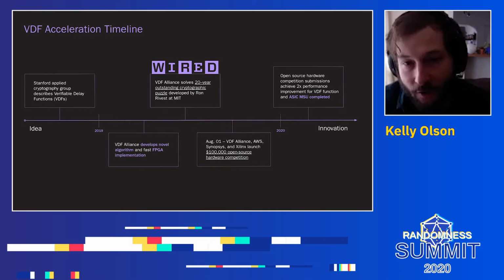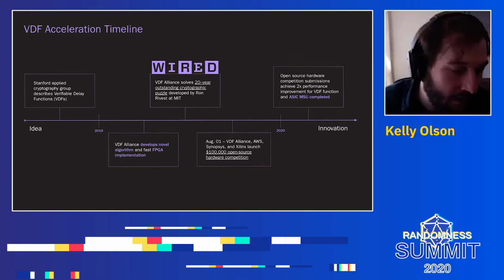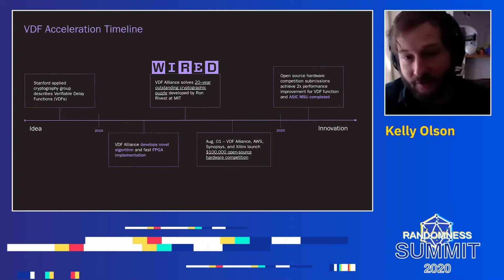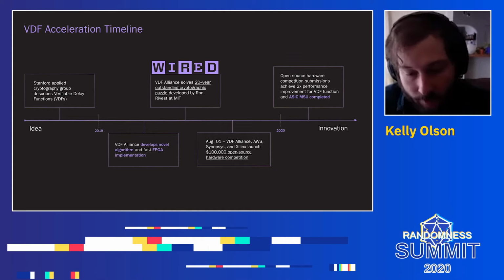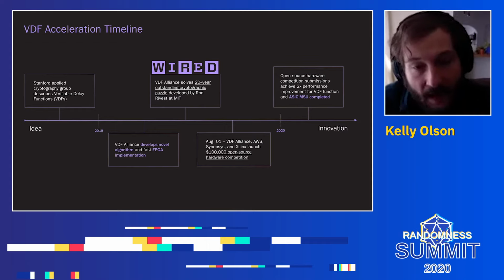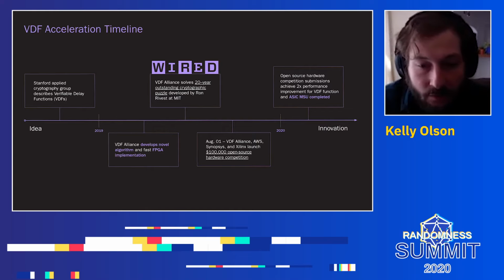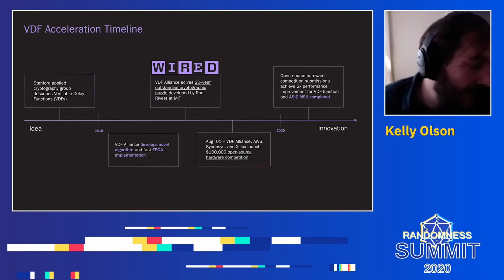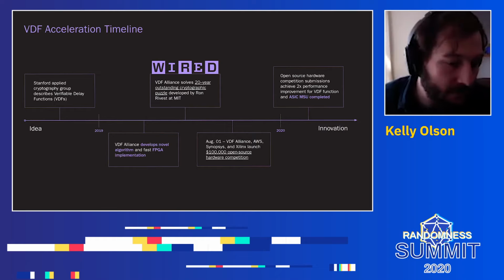Again, as Joe also mentioned, this was used to solve a 20-year cryptographic puzzle. While it wasn't the first person to solve the puzzle, it was on the order of about 20 times faster than the person that solved the puzzle first. Since then, we did a $100,000 open source hardware competition where we ultimately got another 2x performance improvement for the VDF, and we've now completed an ASIC design of the VDF as well.